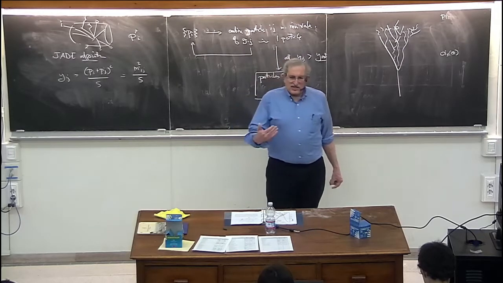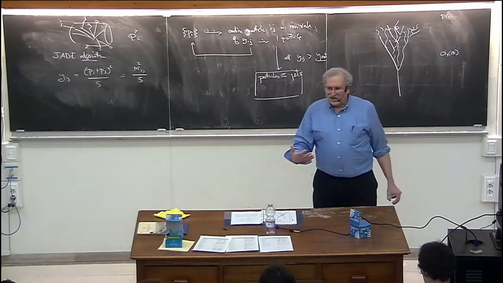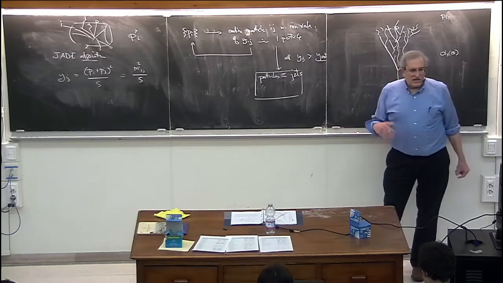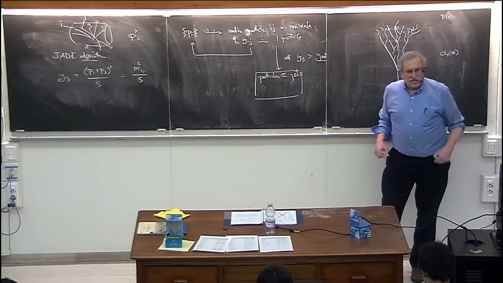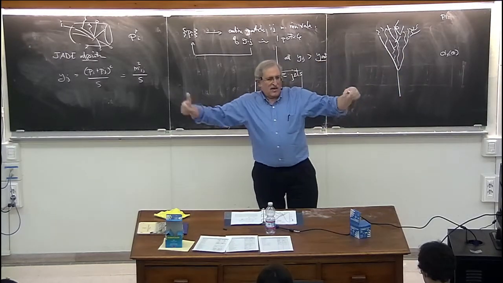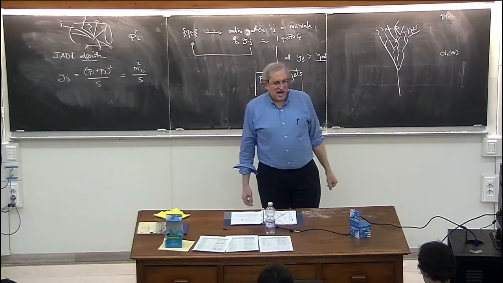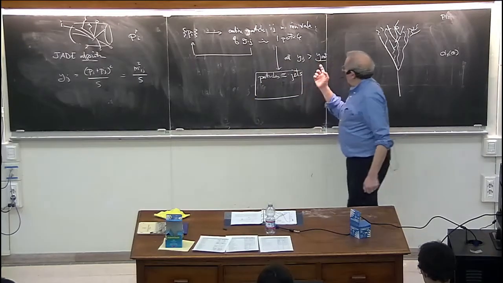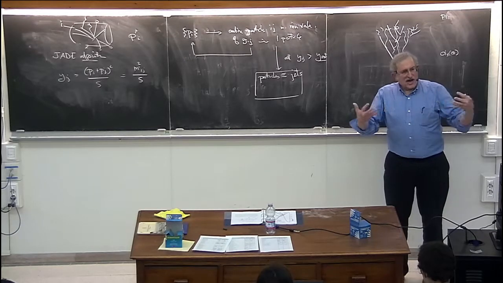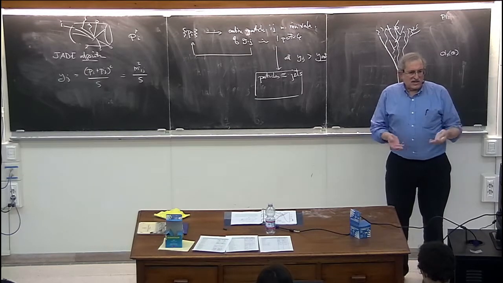The number of jets in an event is a convention. It depends on the value of y-cut. And so if you take a large value, you'll basically cluster all of the tracks into 2 jets, which are then almost by definition back to back. If you take a small value of y-cut, you're somehow resolving the tracks in the event to a greater extent.